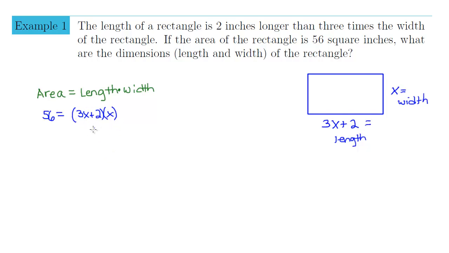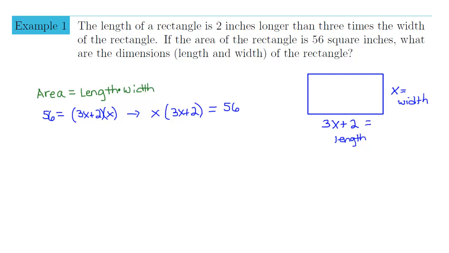On the right side, I have 3x plus 2 times x. So that is equivalent to x times (3x plus 2), and equals 56. So let's put our number on the right side, because generally we like to solve equations where the variables are on the left.